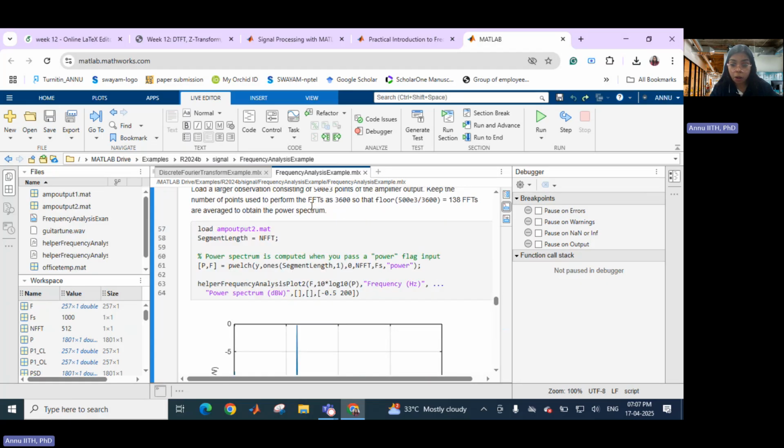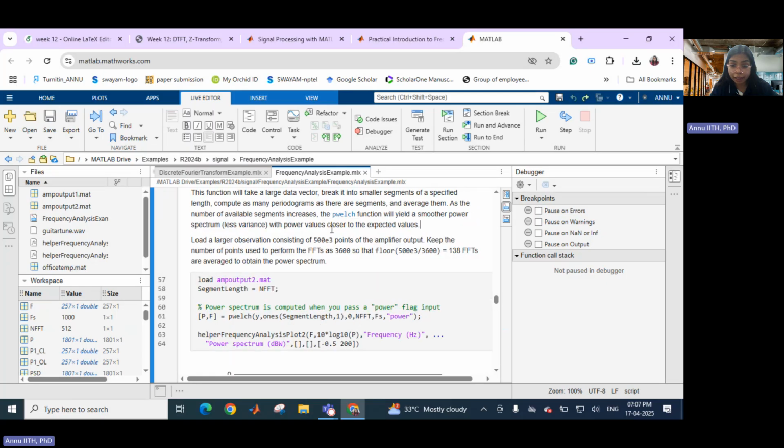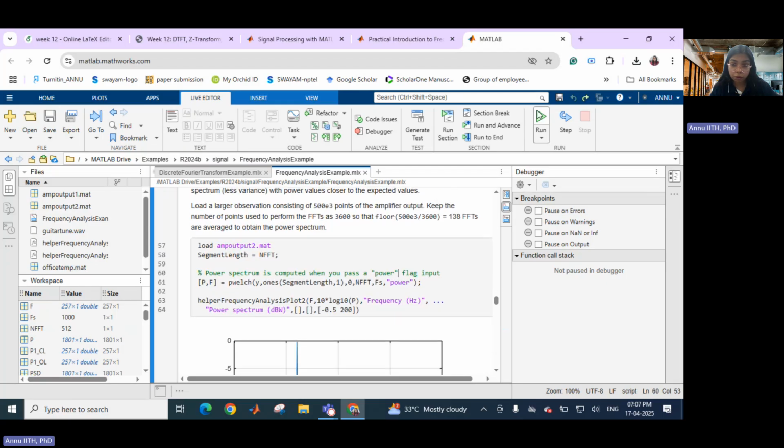So if you load a larger observation consisting of 500e3 points of the amplifier output, and keep the number of points used to perform the FFTs as 3600, then 138 FFTs are averaged to obtain the power spectrum. So this is the loading.